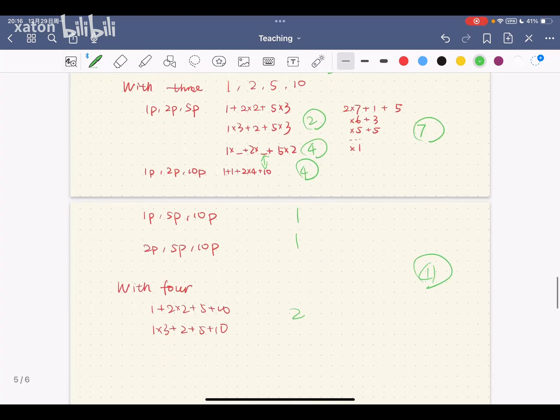It's the same. For this, there's only one way of doing that because you have to use 10 pence and 5 pence at least one time.